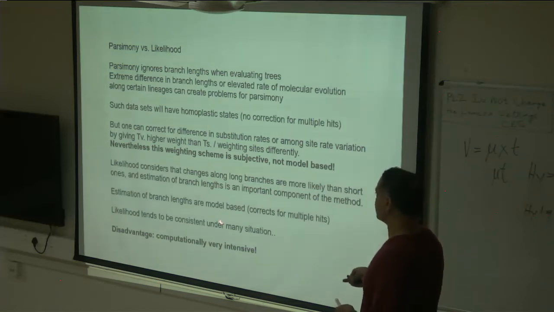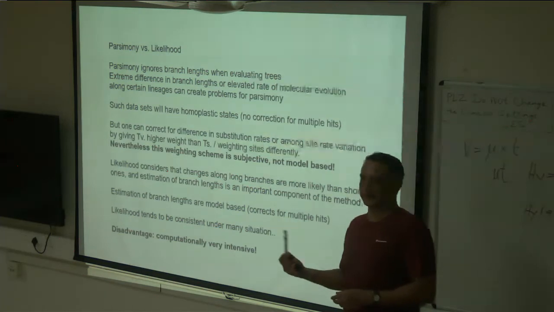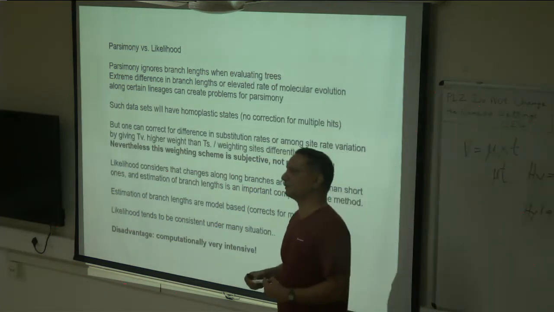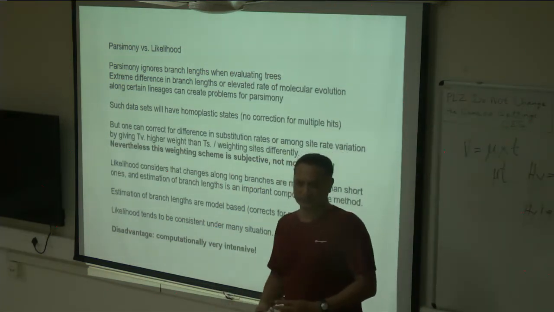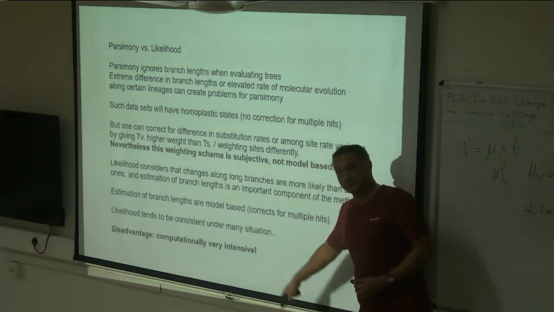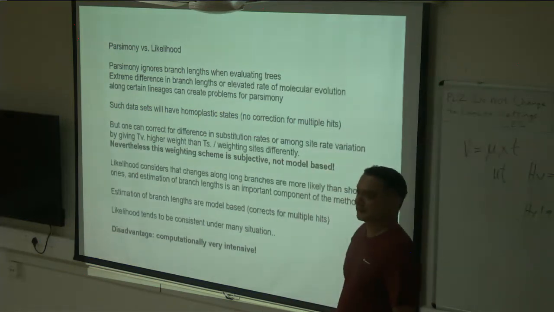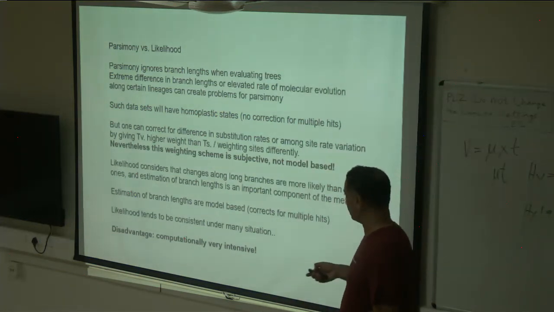Estimation of branch lengths is model based, and likelihood is consistent under many situations, right? So by and large, likelihood is far superior to parsimony because it uses a model of sequence evolution. But the huge problem is it is computationally very intensive, right? So that is the issue with likelihood.